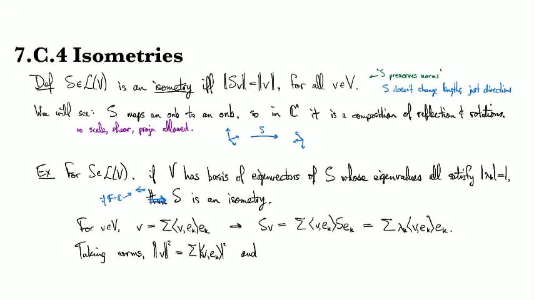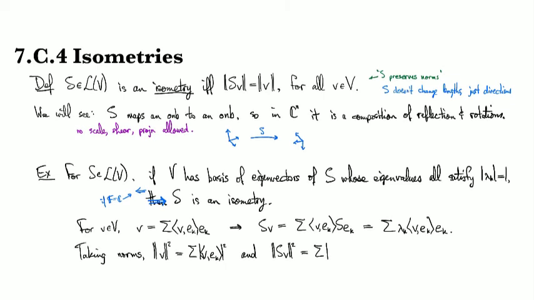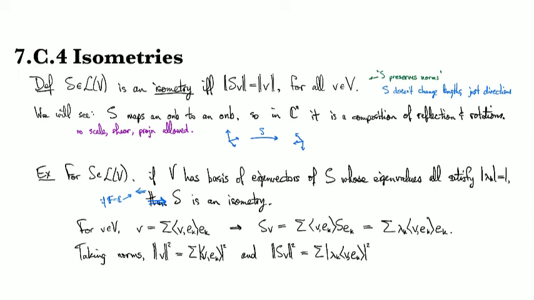And then taking norms of the other equality as well, the norm squared of Sv is going to be, again by Pythagoras, since these are all orthogonal, the sum of the magnitudes squared of these terms.